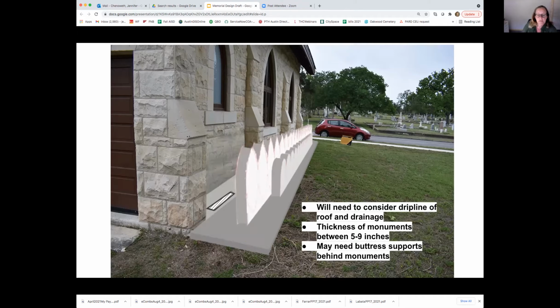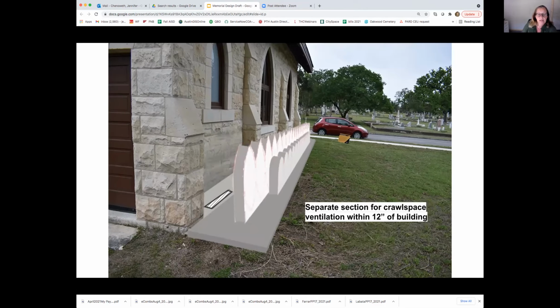Additionally, you might need some buttress supports behind the monuments. And there's also a need for ventilation underneath the crawl space that isn't included in the building's environmental design right now. And that would give us an opportunity to create that if we're excavating any depth there.